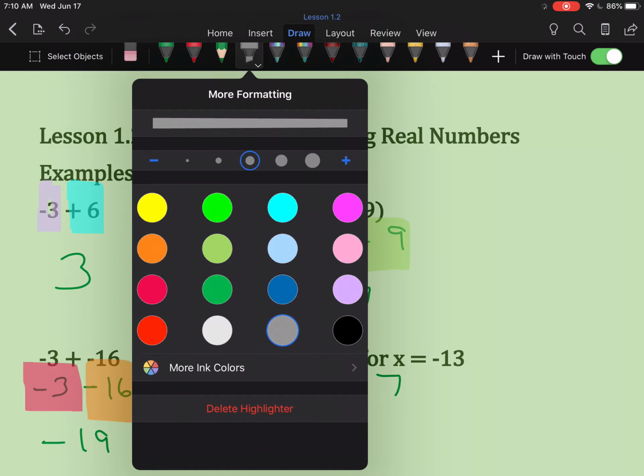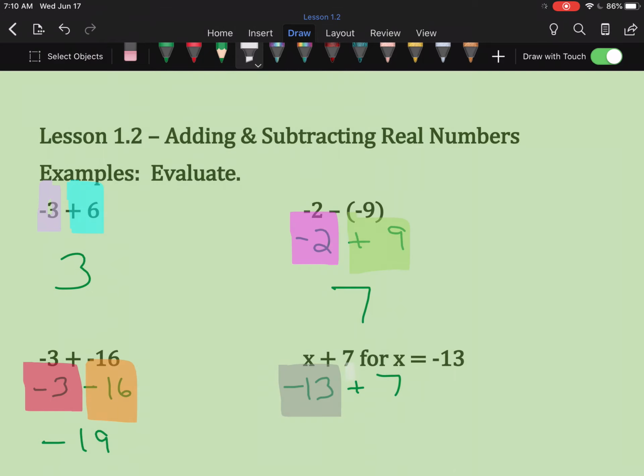We have a +7. So those have different signs. Different signs means I will subtract the numbers, keeping the sign of the bigger of the two. 13 is bigger, so the answer will be negative. And 13 minus 7, remember different signs, subtract. 13 minus 7 is 6.